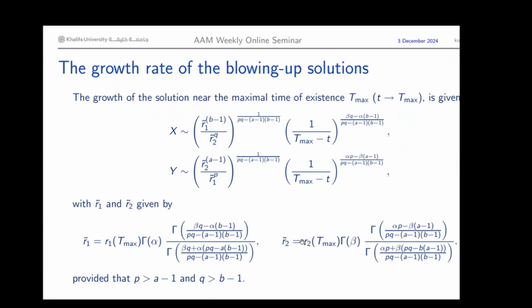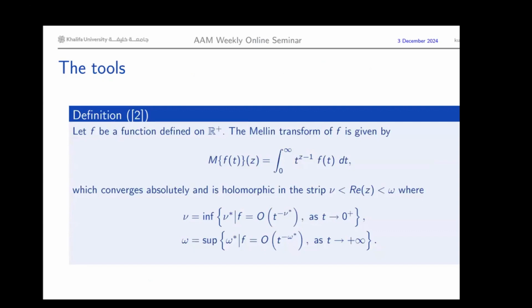What is interesting for us to know is how to get to the following estimates. The answer is by moving to the complex plane. So first of all, I would like to give some tools that we need before we move to the complex plane. In fact, we will move to the complex plane using the Mellin transform.